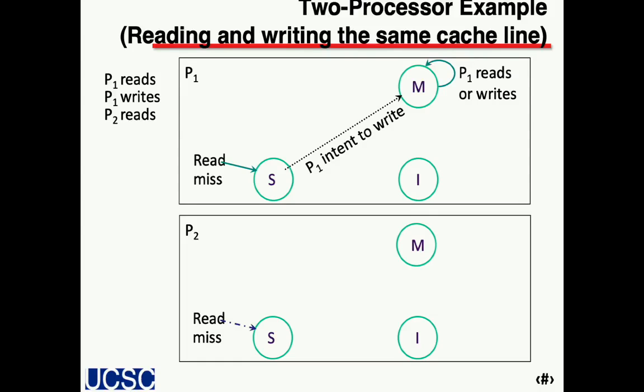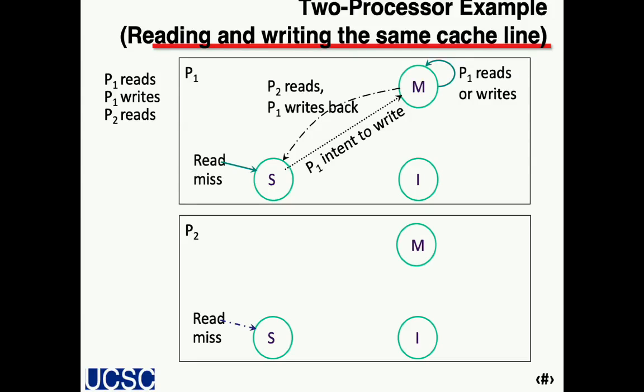If it's going to allow someone else to read it, it has to downgrade itself back to S. And in order to do that, it needs to both write the data back to memory, as well as allowing P2 to do a read. And what's great is because we have this bus that's sharing everything, when it's broadcasting the data from that cache line to do the write back to memory, at the same time P2 can read it. So they both can kind of read it at the same time. Great, so that's now how we did P2 doing a read.